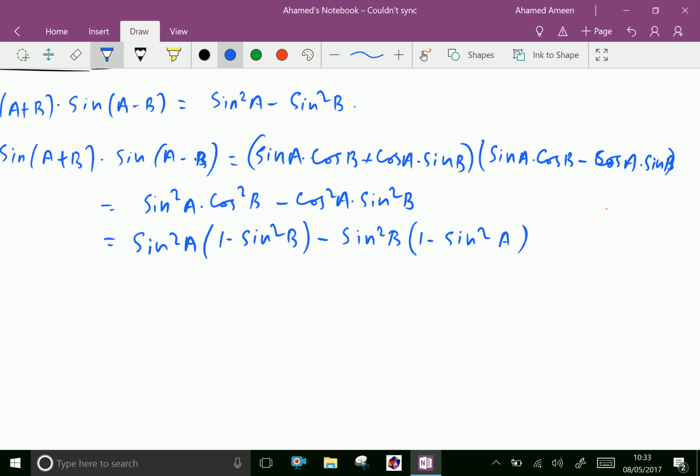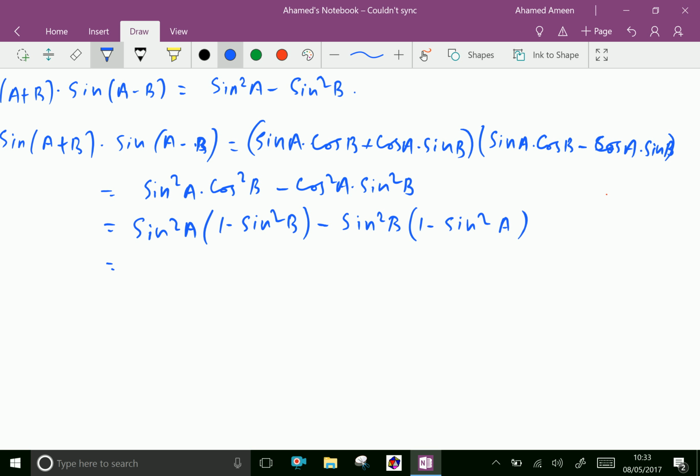Now open the bracket, that is sin squared a into 1 is sin squared a minus sin squared a into sin squared b. Here opening the bracket, minus sin squared b into 1 is minus sin squared b, minus minus plus sin squared b into sin squared a, that is we can write sin squared a into sin squared b.